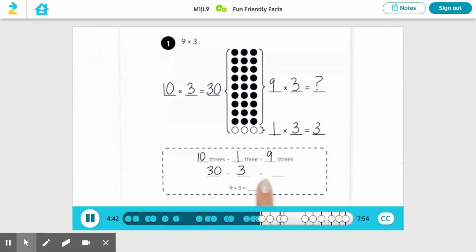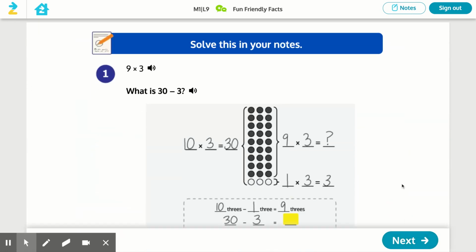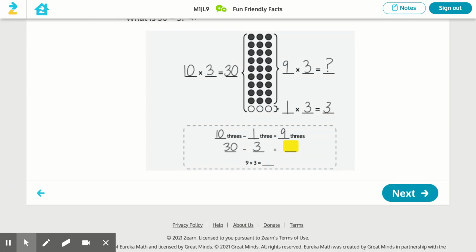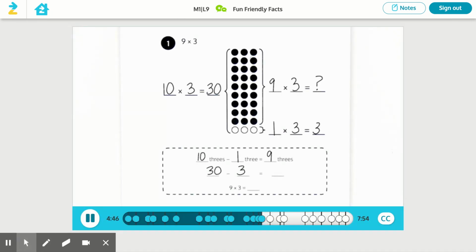What is 30 minus 3? I hope you said that 30 minus 3 is 27. 30 minus 3 equals 27.